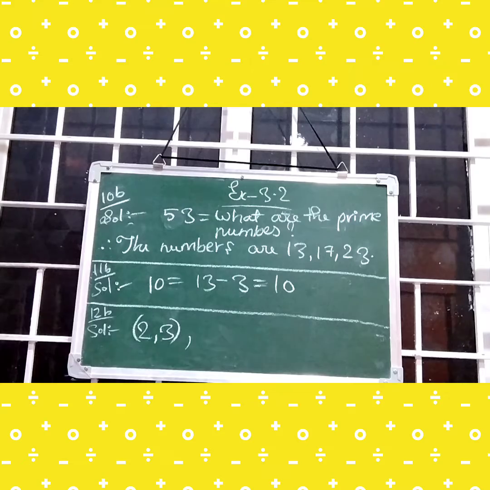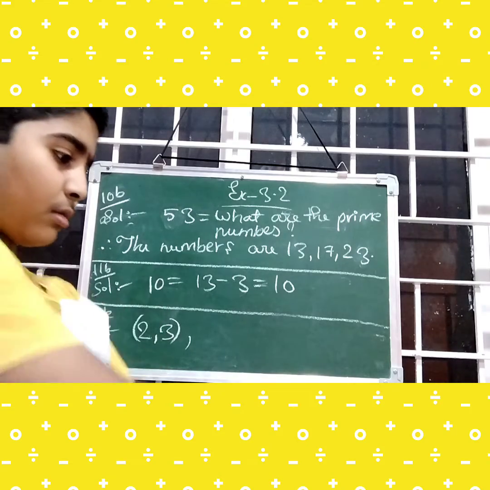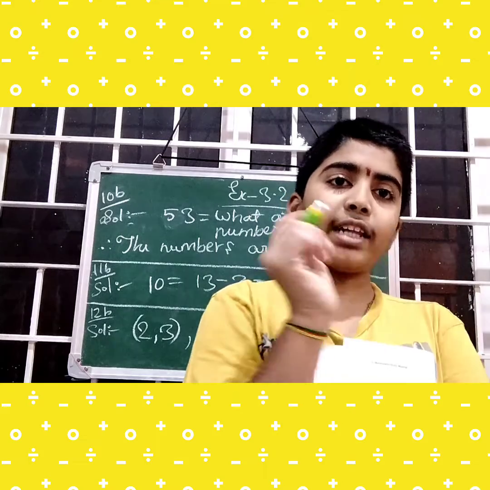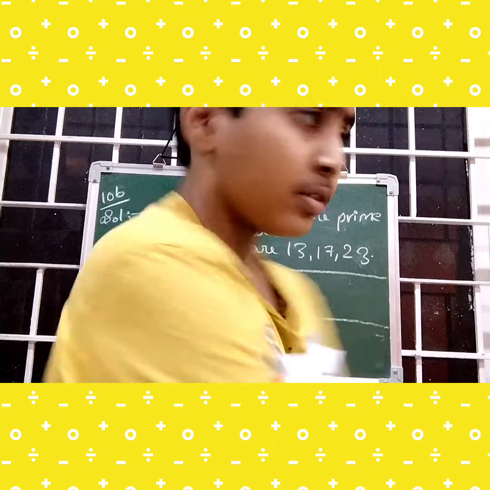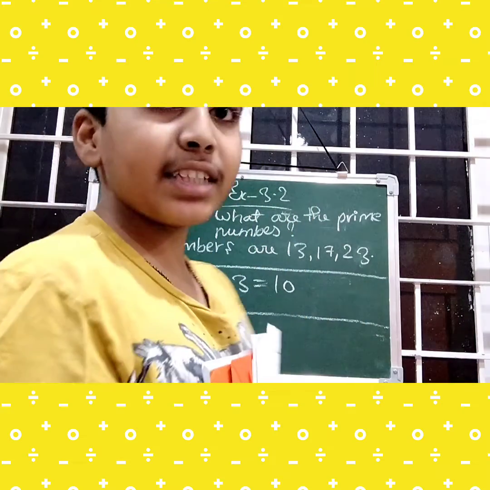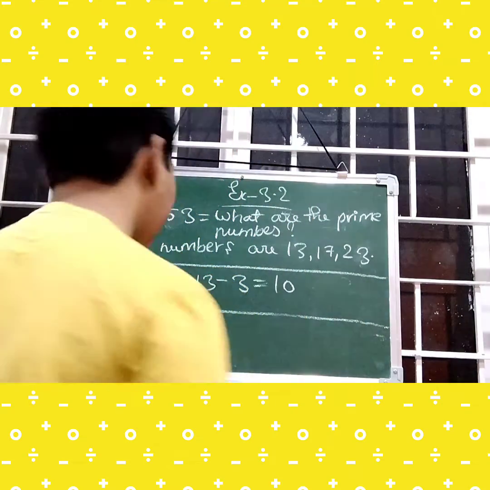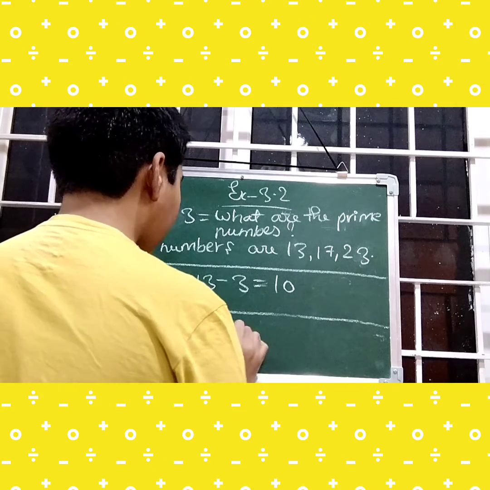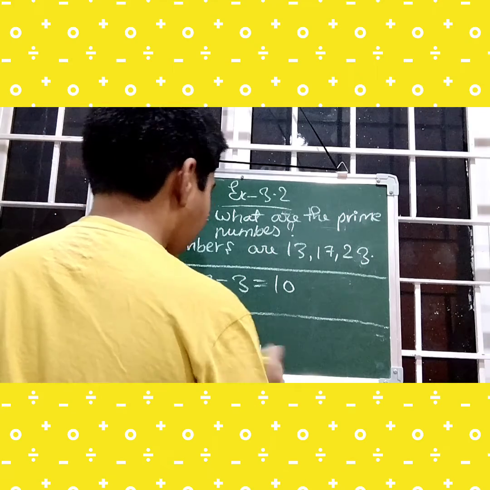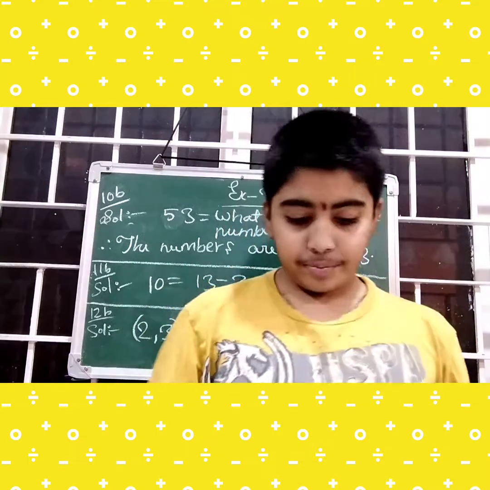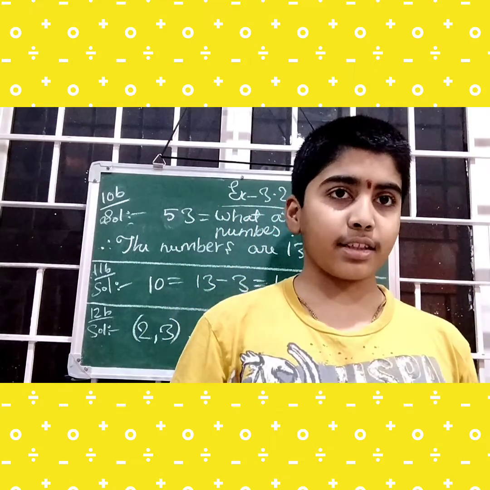Next, 5 twos are 10, right? 7 plus 3 will come. So 7 has 1 and the number itself, and 3 also has 1 and the number itself. So 7 and 3. Next.